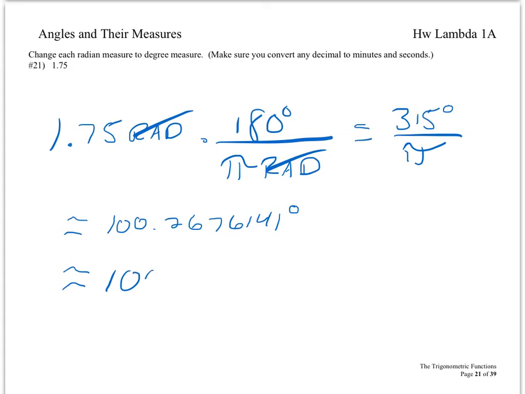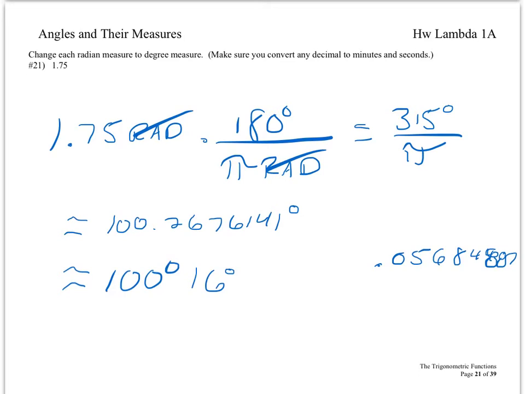I take the whole number of this, 100, and say that's how many degrees I have. I take the decimal part and multiply it by 60 in my calculator. I end up with 16 full minutes, and I have this decimal left over. I take that decimal and multiply that by 60.